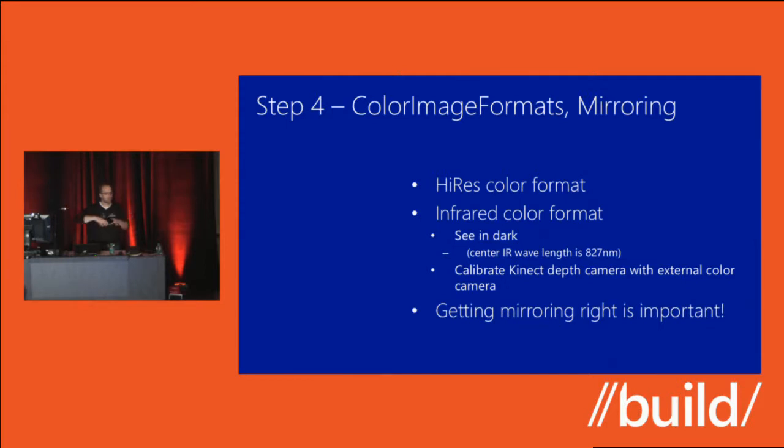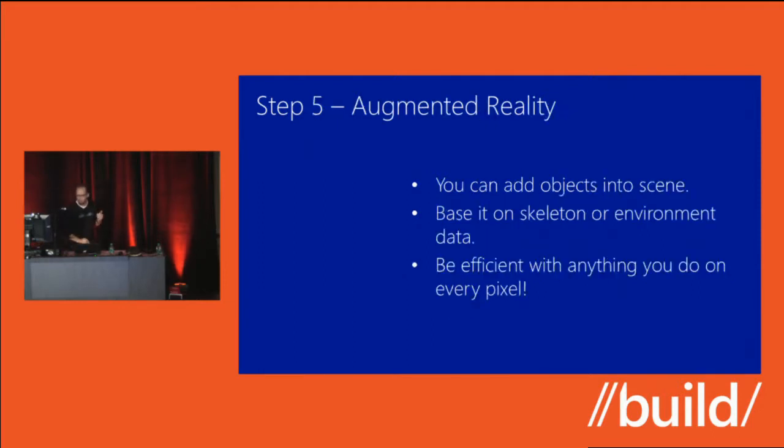So use a really high-quality, high frame rate color camera and be able to do the mapping that we saw with Coordinate Mapper back and forth between those different things. Libraries like OpenCV have some different calibration libraries to be able to do that. Look for samples from us in the future. But the core platform now has that exposed. And once again, mirroring is critical to get right.